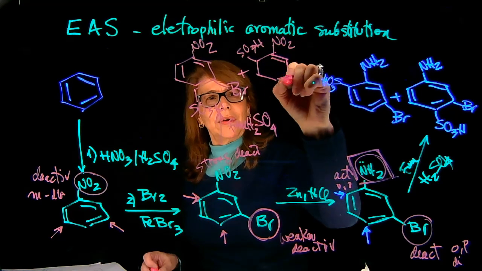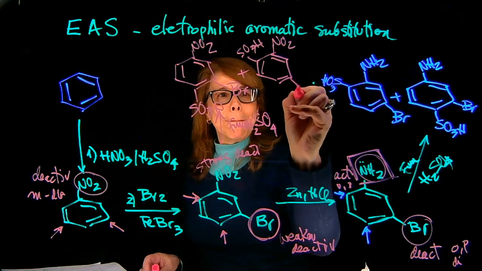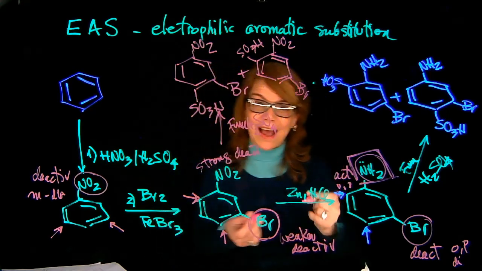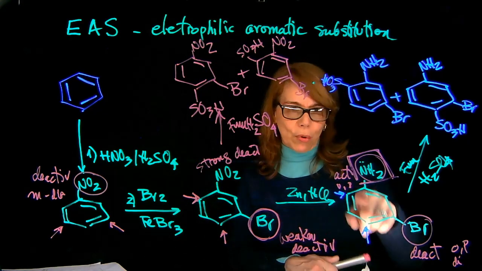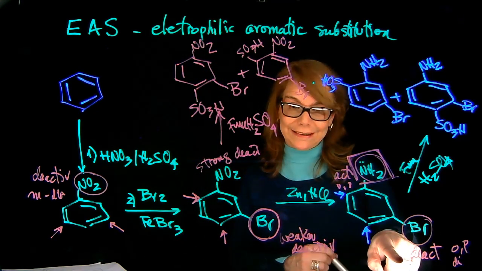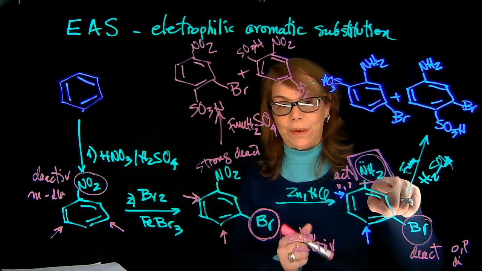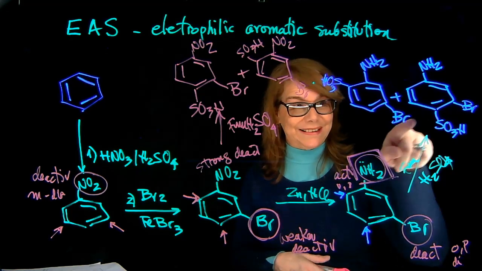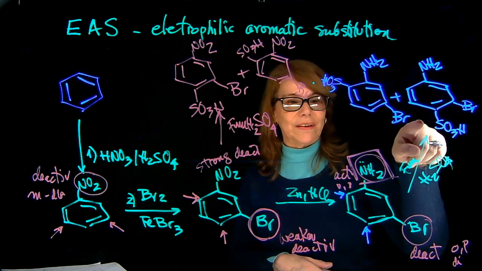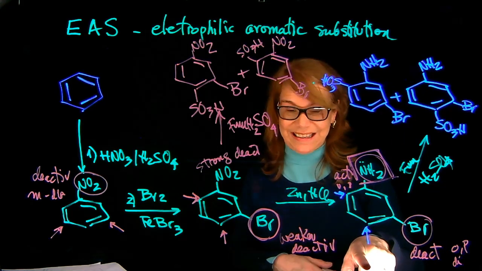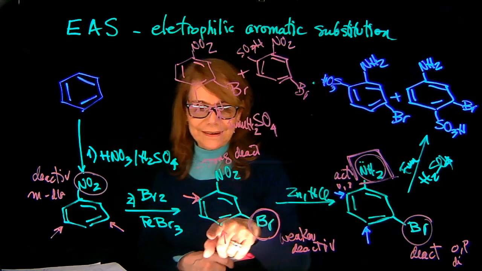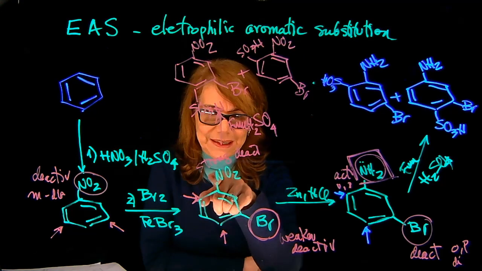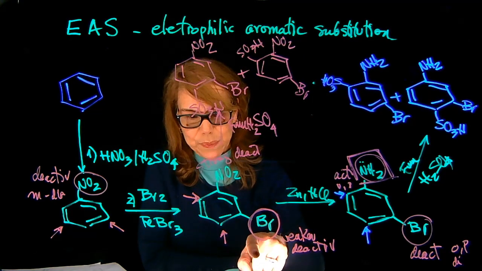So again, when you have multiple substituents, pay attention to the type of substituents you have. When you have activating and deactivating, the activating group is the one that rules, determining where the substituent is going to go. So it is ortho, para, the activating group. And in this substrate, we had two deactivating groups.